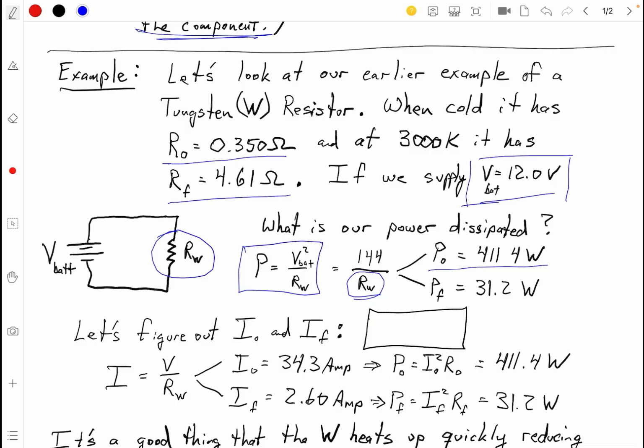We've got the low R naught, and that's going to give us our P naught, power in the first place, and then our power finally. So this resistor, when it's heated up, actually gives off less power. It's a 30-watt light bulb. Okay, that's a pretty nice powered light bulb.